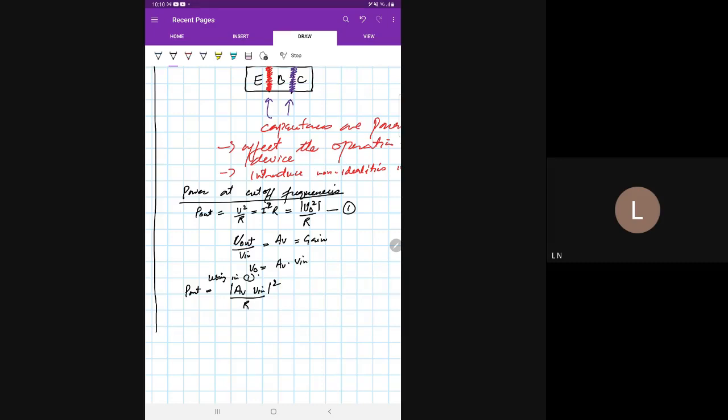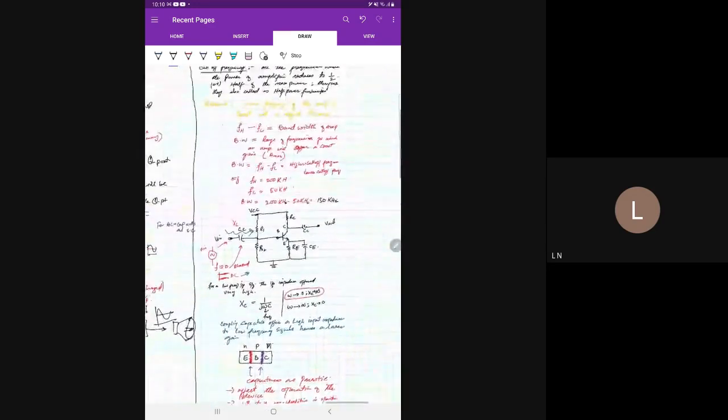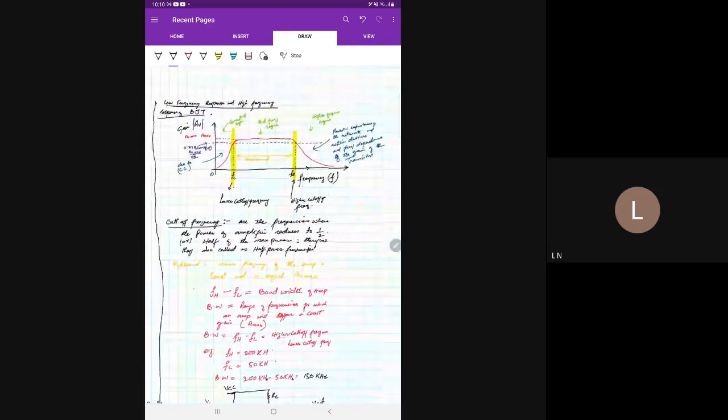Now see, at half power frequencies, this is the half power frequency line.